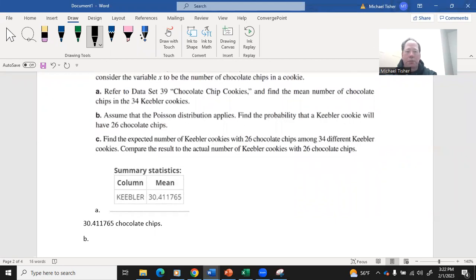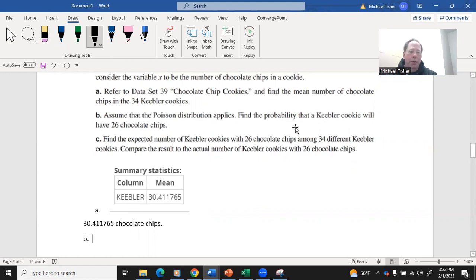Now it wants us to assume that the Poisson distribution applies, and the Poisson distribution really applies for some continuous interval. So in this case, we're talking about a continuous interval of cookies. Now, if you go from one cookie to the next cookie, it's not really continuous, but it should be close enough. So that's why we just have to assume that the Poisson distribution applies.